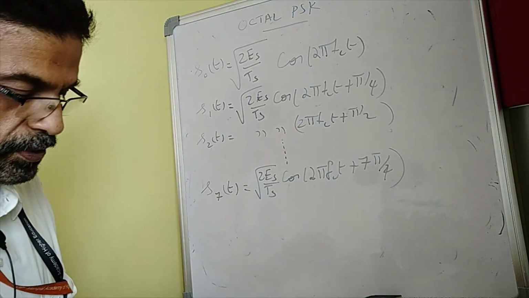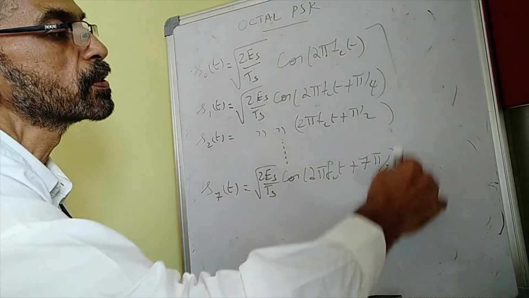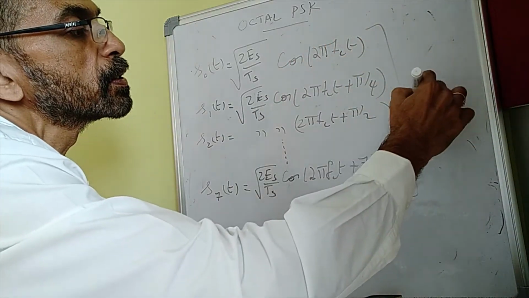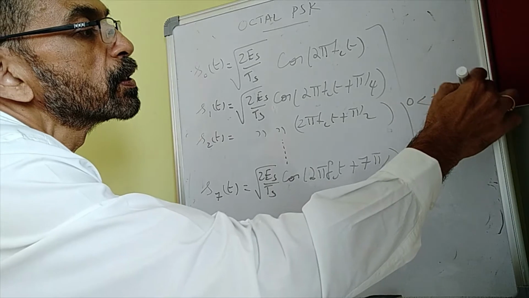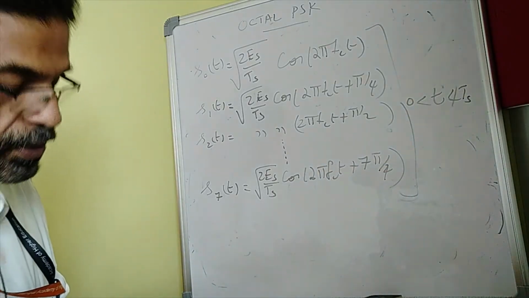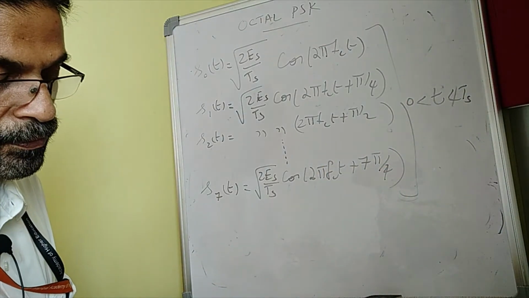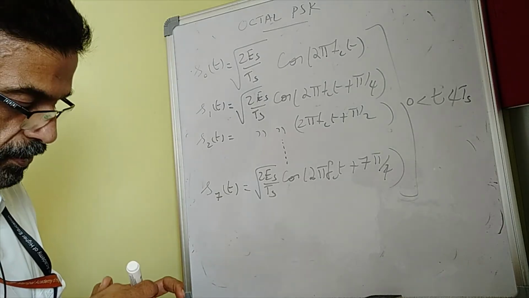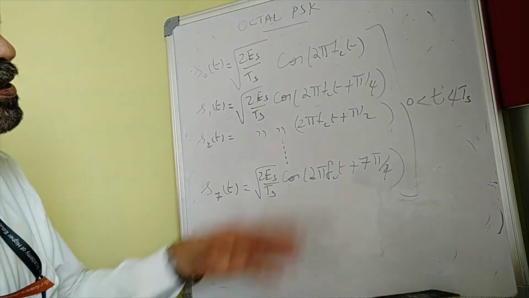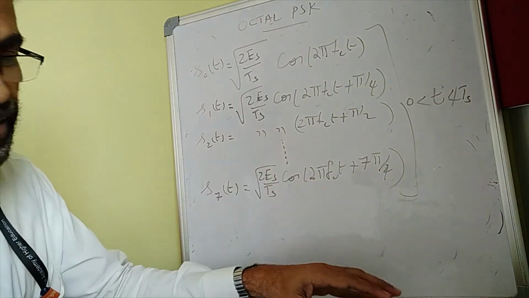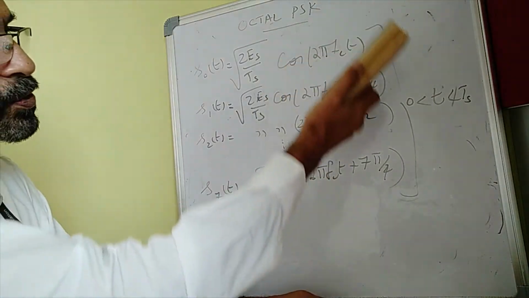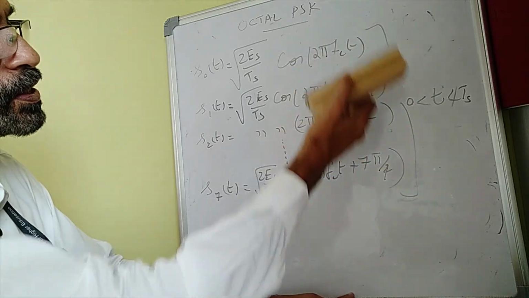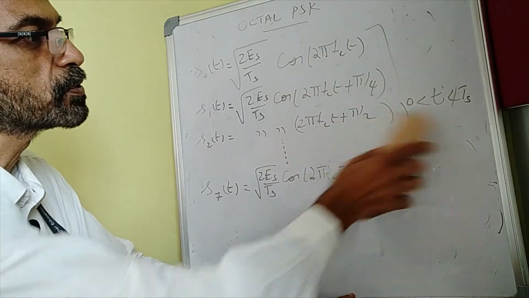And of course the duration of the signals is Ts. I won't write S3, S4, S5, S6 because you know that it's going to be an increase of pi by 4 in phase.